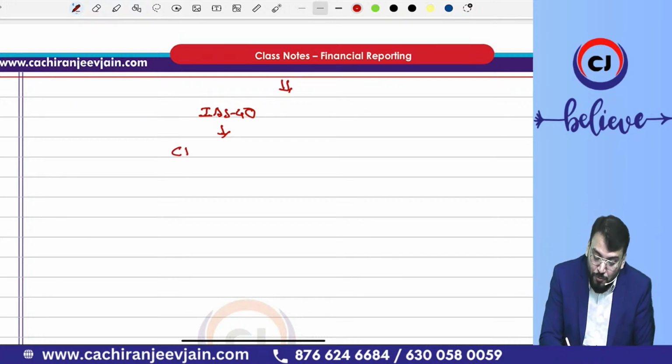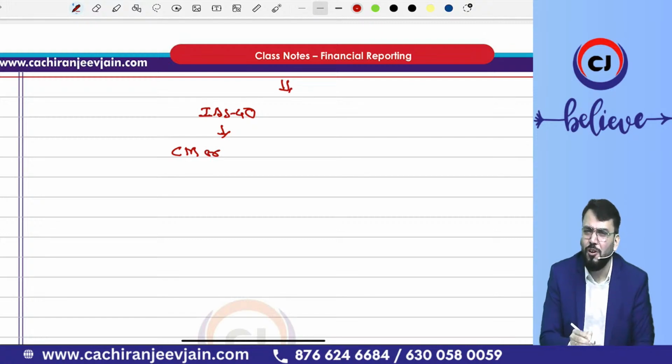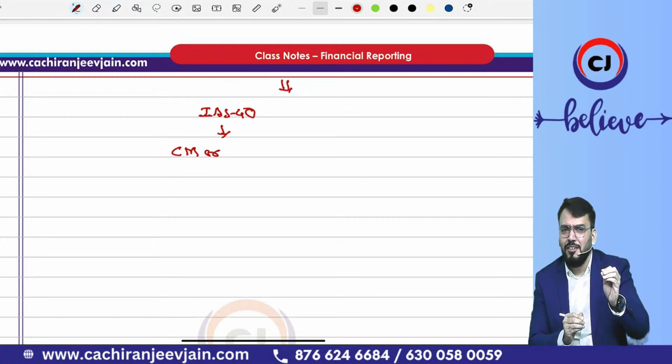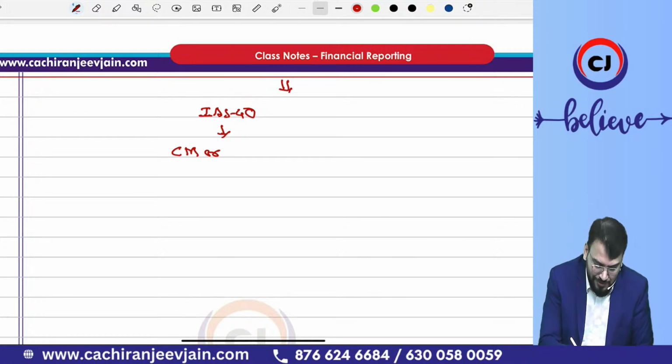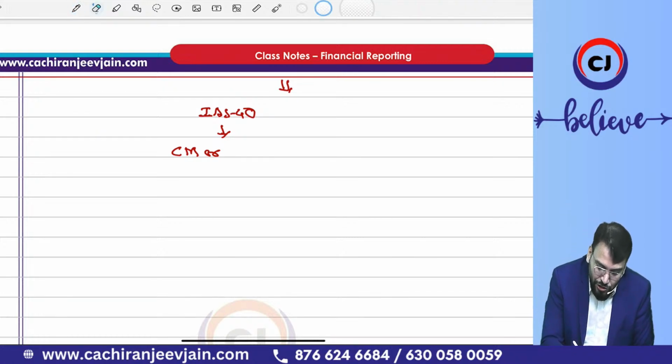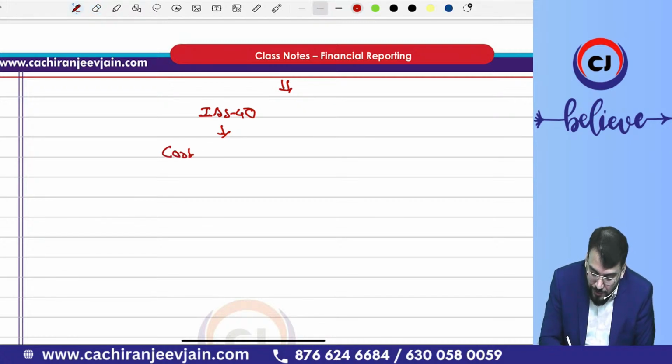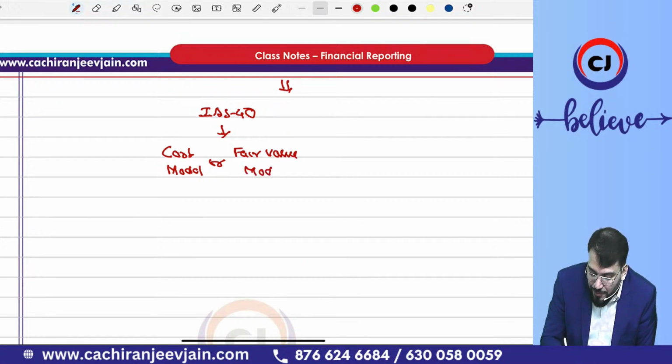They have said cost model. You know cost model? Okay, write it down; I am not teaching you the cost model right now. They have given cost model or fair value model for investment property.